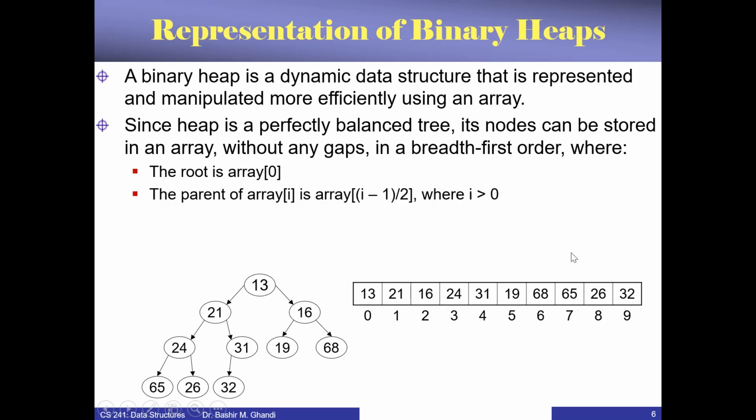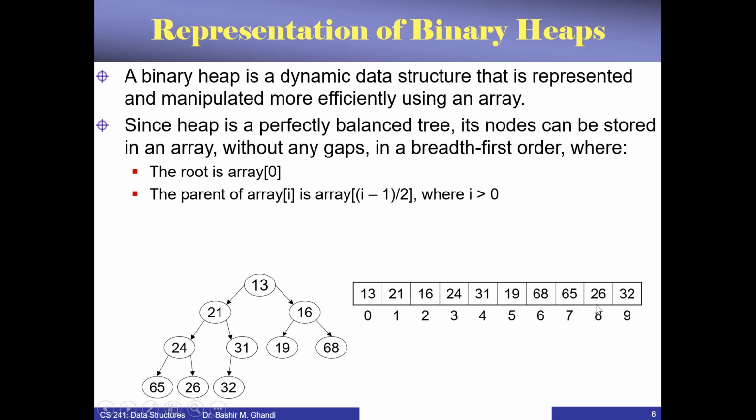The second interesting formula is that if you know the index of a child, if the index of a child is at I, then the index of its parent is going to be given by this formula. I minus 1 over 2 will give you the index of the parent. Let's take an example.